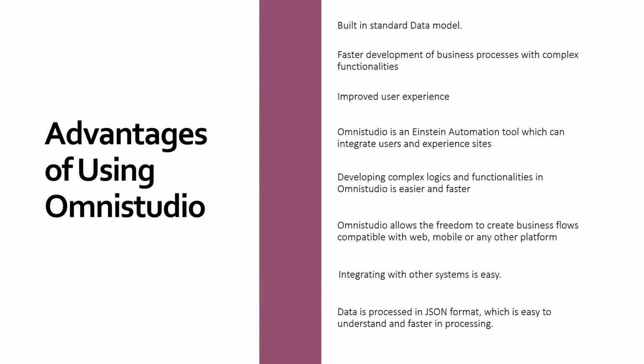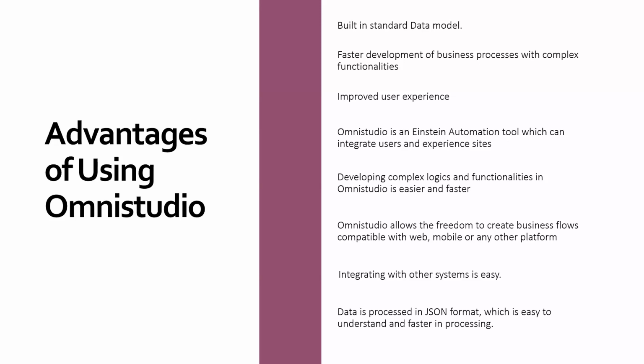It's just that before 2020, when Salesforce had not acquired Vlocity yet, all these easy to use drag and drop components were based out of custom objects, a custom data model. I'll show you how exactly it looks in a bit.